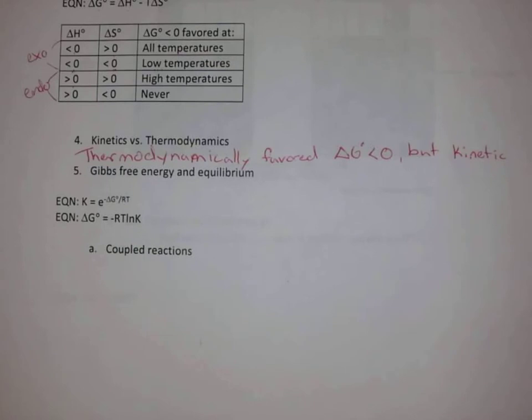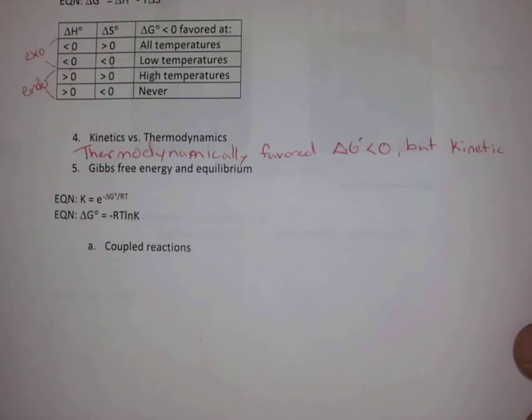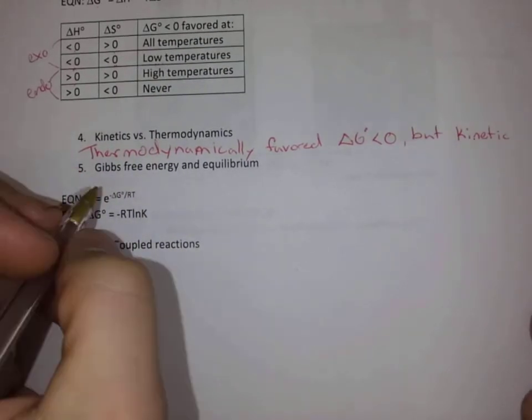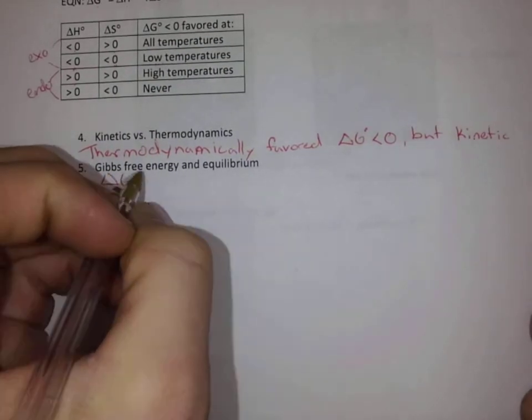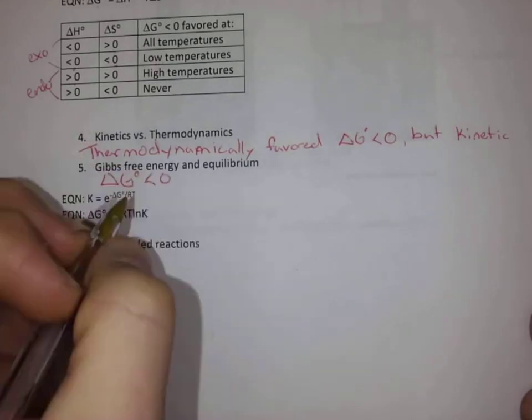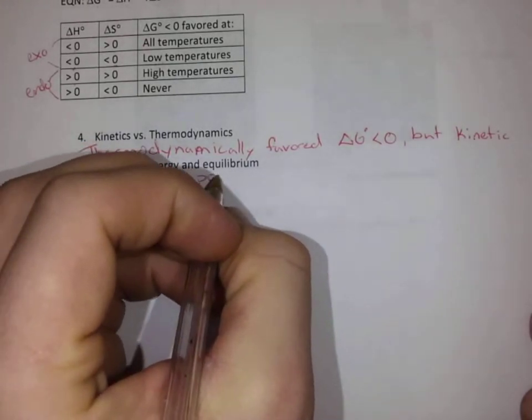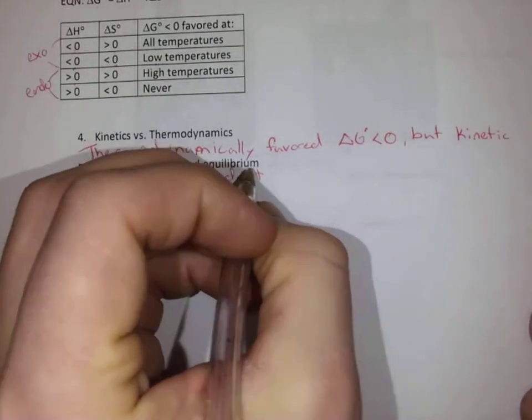Okay, but our thermodynamically favored reactions, we're going to come back here and start to apply. For thermodynamically favored reactions, our delta G would be less than 0. That means that our products are favored.